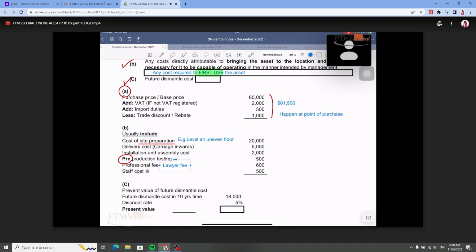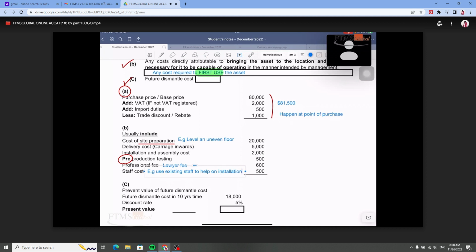And lastly, we have a staff cost, right? So staff cost, maybe for example, you will use existing staff to help on installation. Okay, so you meet a very stingy boss, correct?